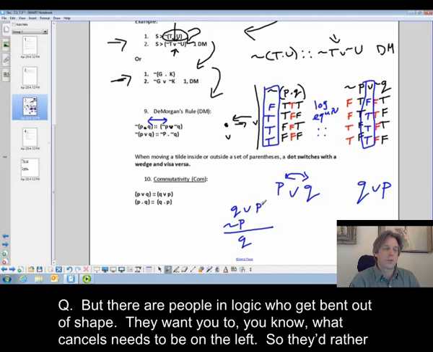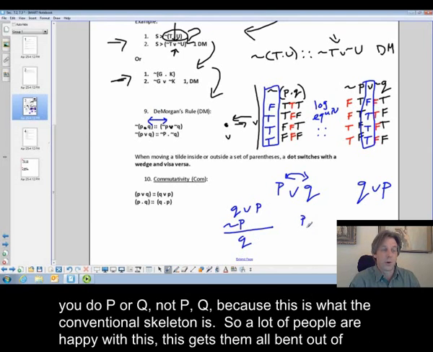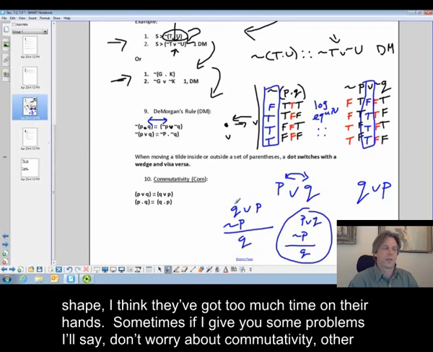They want what cancels to be on the left. So they'd rather you do P or Q, not P, Q, because this is what the conventional skeleton is. So a lot of people are happy with this. This gets them all bent out of shape. I think they got too much time on their hands.